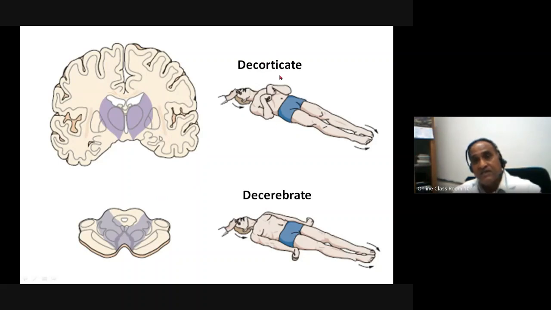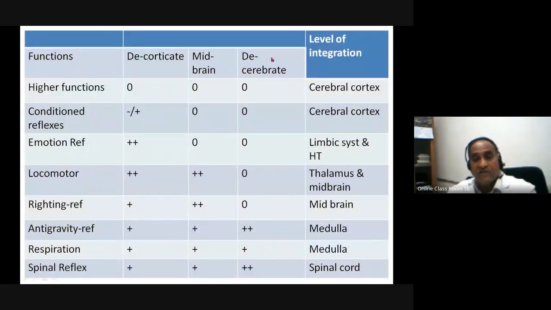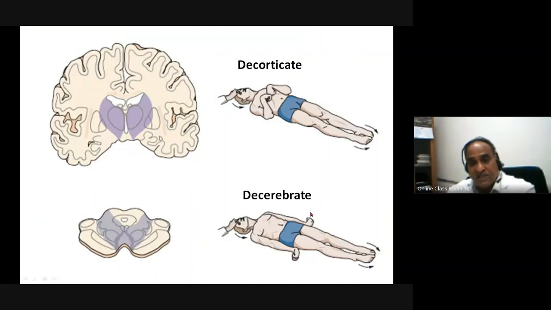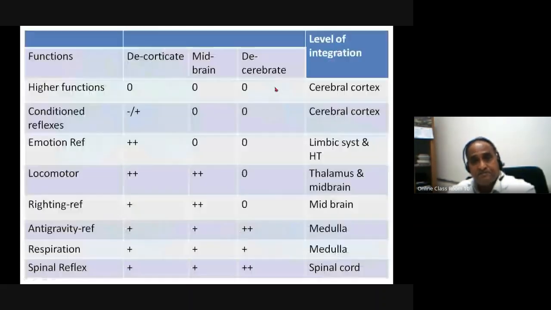Now this is a decorticate, because the red nucleus is present, these flexors. This is what is happening. So in both the conditions, the deep tendon reflexes are exaggerated, the muscle tone is increased, the lower extremities extension, but the only difference is the upper extremity here, flexed here and extended here. Extended in the decerebrate preparation, flexed in the decorticate preparation.